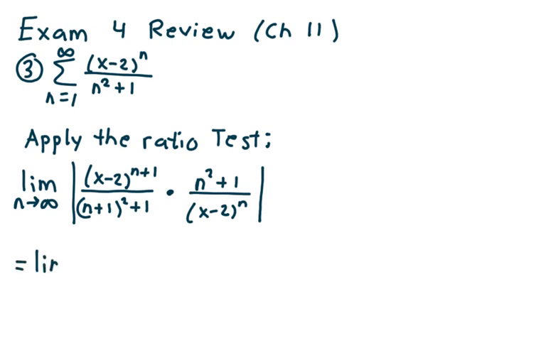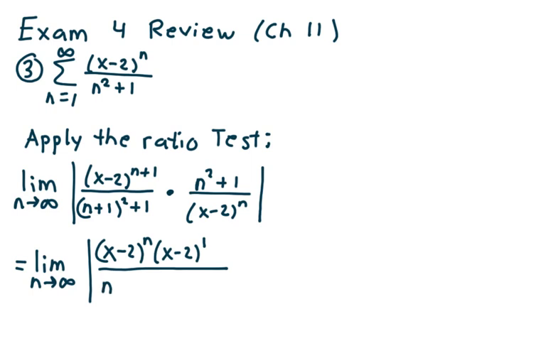So this is the limit as n goes to infinity of (x − 2)^n times (x − 2)^1 divided by n squared plus 2n plus 2, times n squared plus 1 divided by (x − 2)^n.